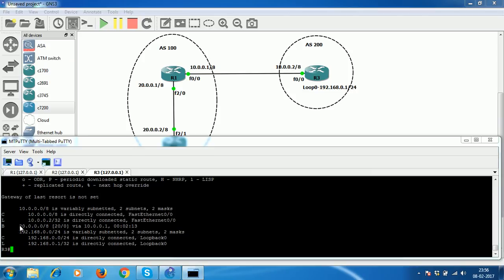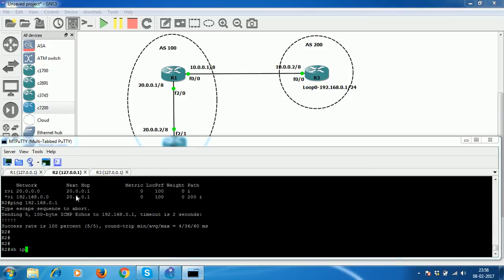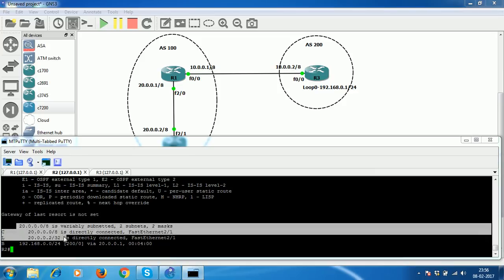You can check in its route table, show IP route. See here, you already know about this 20 network via 10.0.0.1, right? But still you are not able to reach it. Why? Because you go to R2 and see its routing table. The interesting thing is you are not seeing any 10 network here.